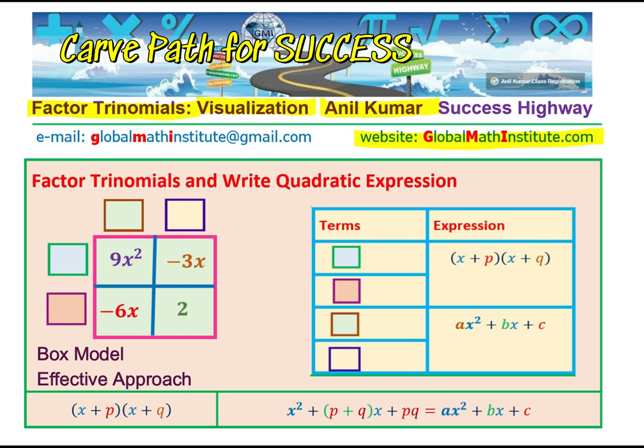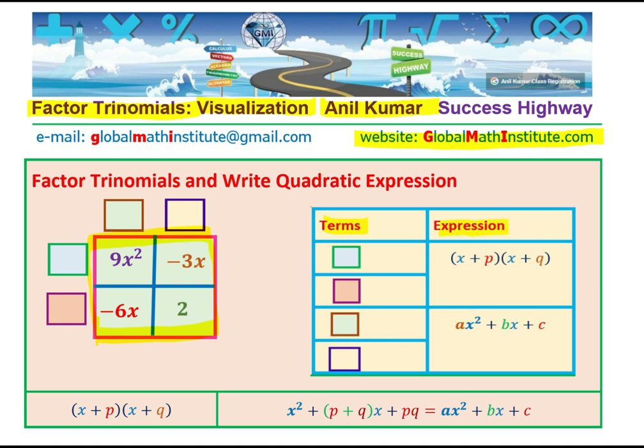So once again, here we have a rectangle, and within this it's divided into four small boxes with some terms written, and we have a table on the right which lists terms and expressions. The terms are the small square boxes on the sides of the bigger box.